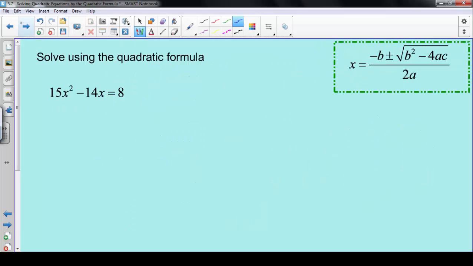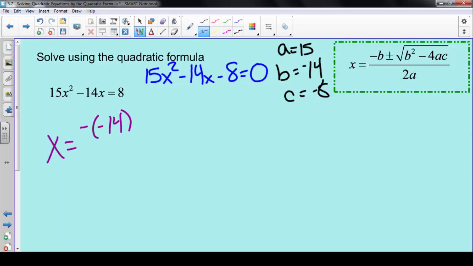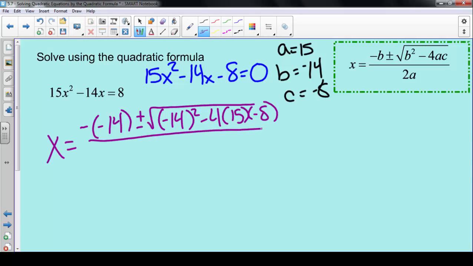Same thing here. This one's not equal to 0, so we got to do that first. A is 15, B is negative 14, C is negative 8, x equals negative b, so negative 14, b squared, negative 14 squared, minus 4 times 15 times negative 8, all over 2 times 15.